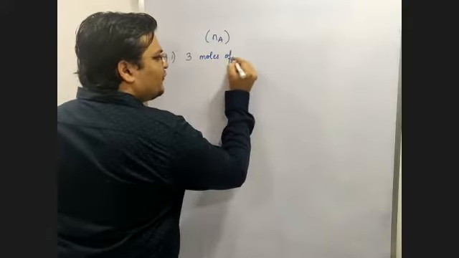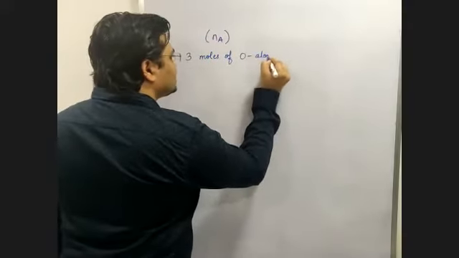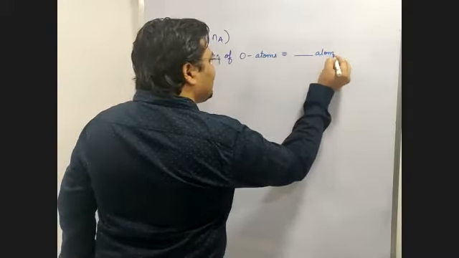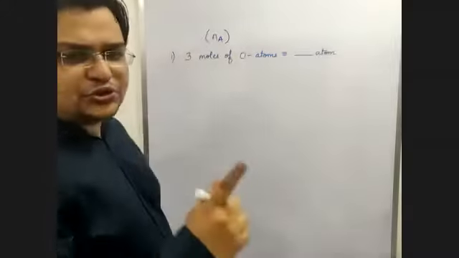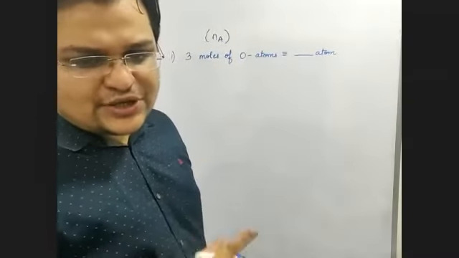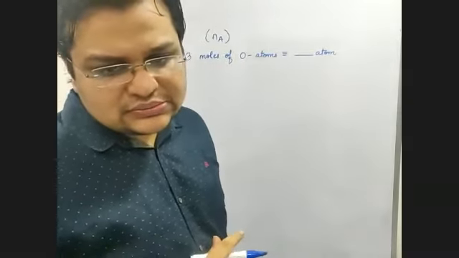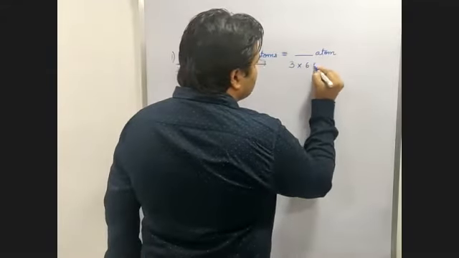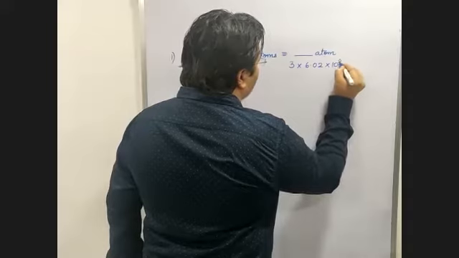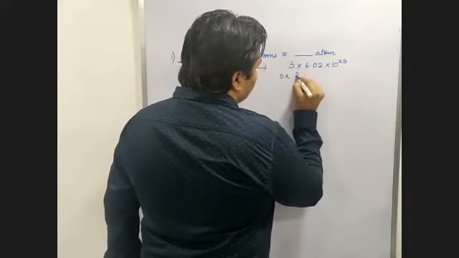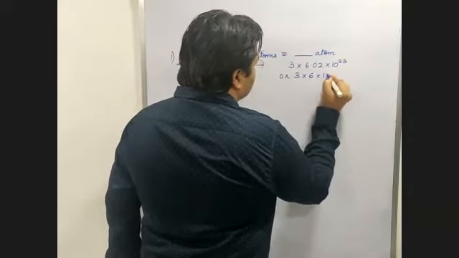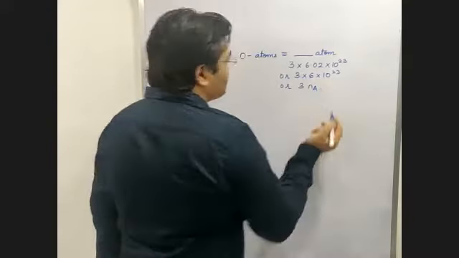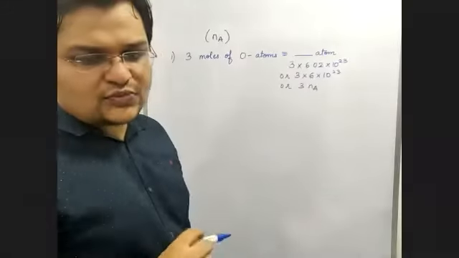3 moles of oxygen atoms is dash atoms over here. You know that 1 mole is 6.02 into 10 raised to 23. So 3 moles is going to be what? Okay.